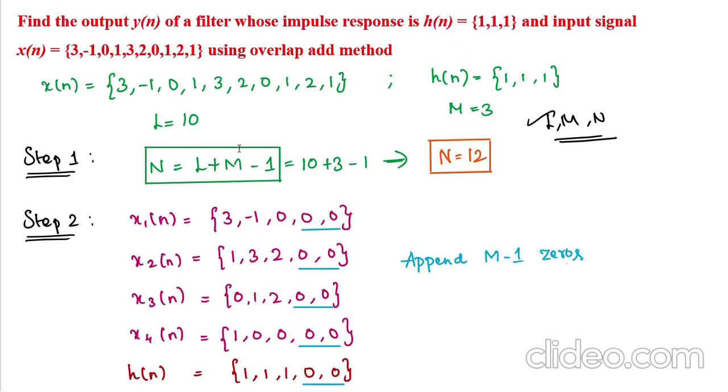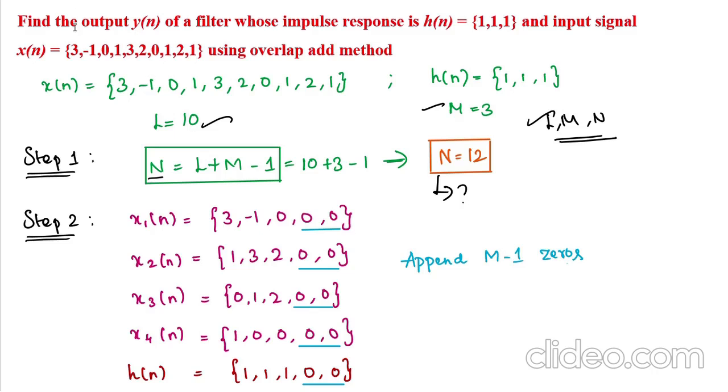Using this L and M, we are going to calculate the value of N. The formula is L plus M minus 1. The value of L is 10, the value of M is 3, so 10 plus 3 minus 1. If we compute it, we will receive N value as 12. So what does this N represent?